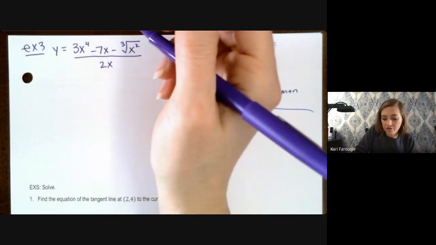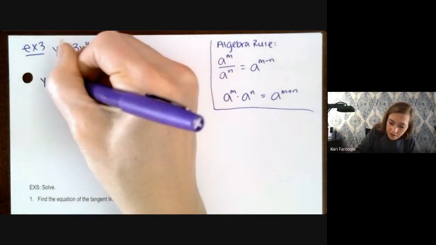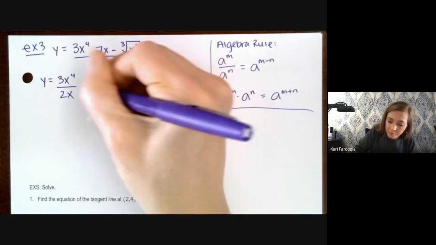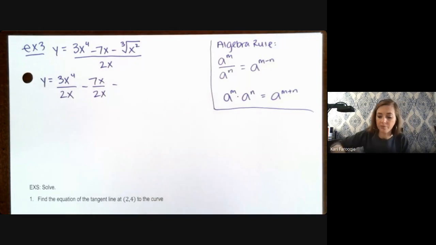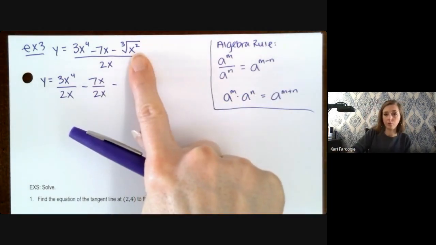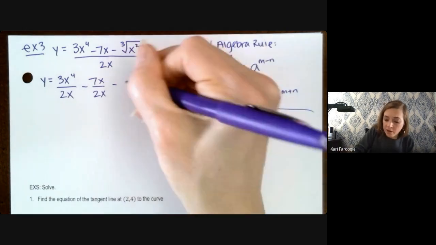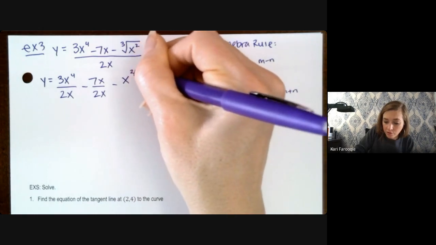So you can do this in any order. Maybe I'll split the fraction first. It is up to you. So I'm going to rewrite this as 3x to the fourth divided by 2x minus 7x divided by 2x minus. Now, when I rewrite this again, I'm going to rewrite this using that rule where I have the nth root of x to the mth power, and then the cube root of x squared is going to become x to the 2/3.